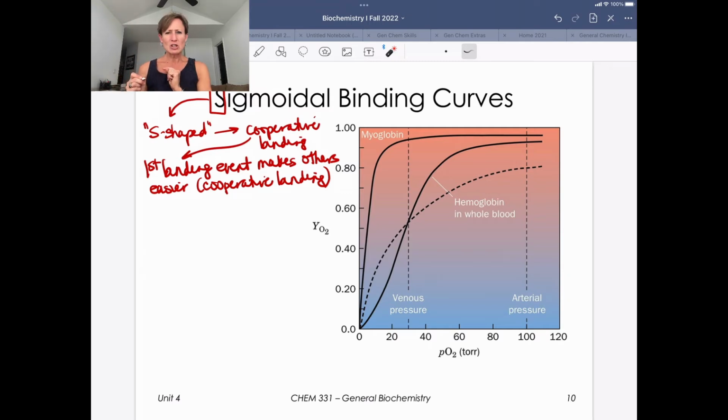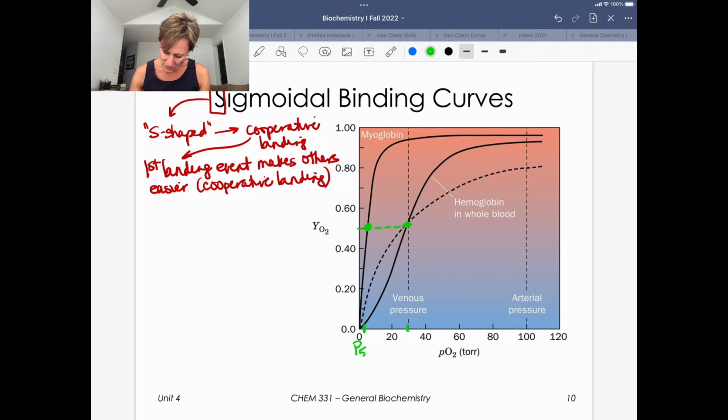Okay, so just by looking at this curve, we can see that hemoglobin does not bind oxygen as tightly as myoglobin. We can do that by holding our fractional saturation constant, looking where we intersect our plots, and we're going to intersect at 2 important values.